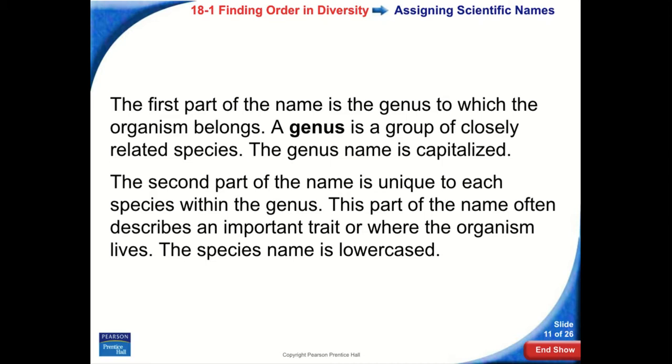It's just one step more general than the species level itself. The genus name is always capitalized. So the first word is the genus name, and it starts with a capital letter, and then it's italicized. The second part of the name is unique to that particular species. It's called the species name, and so it only describes that one particular species. This word is always lowercase, and it is also italicized.